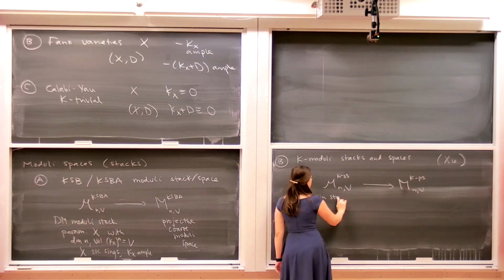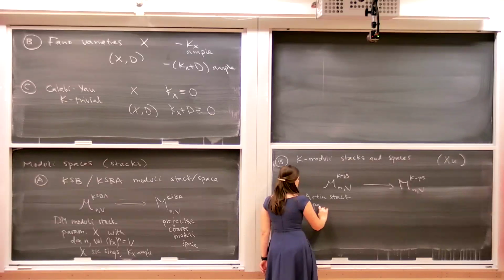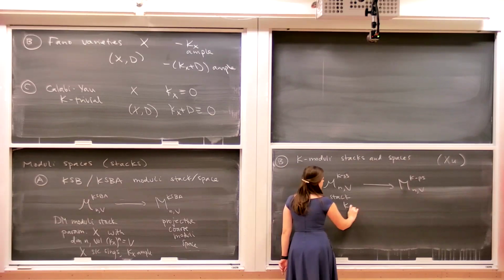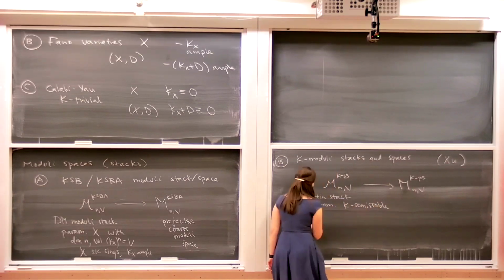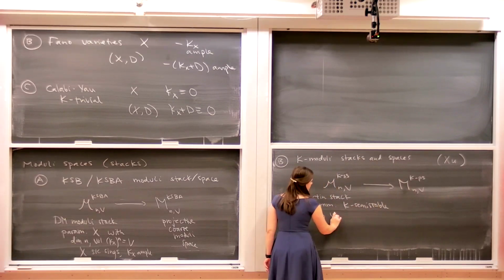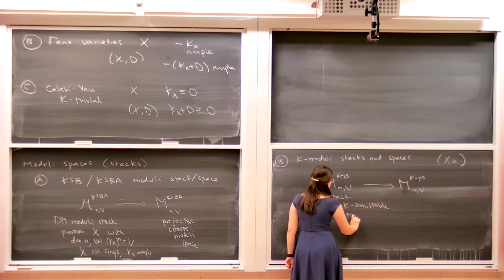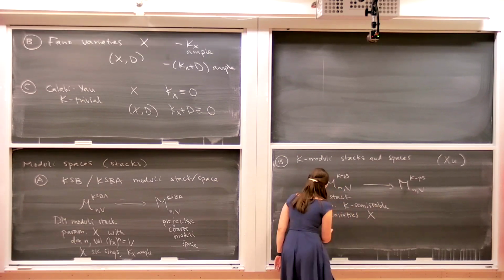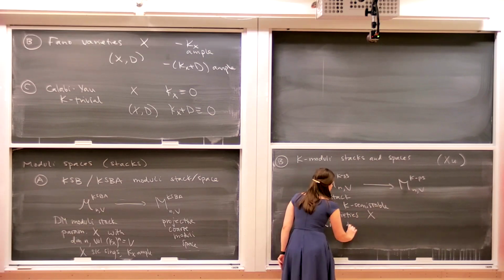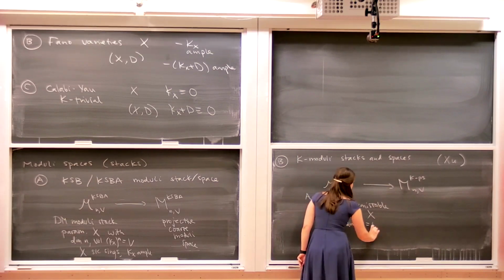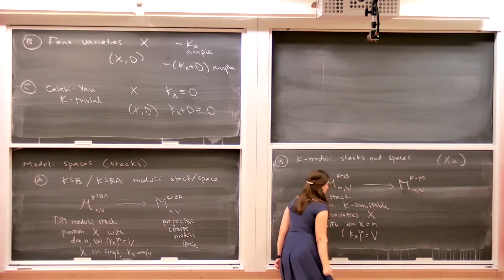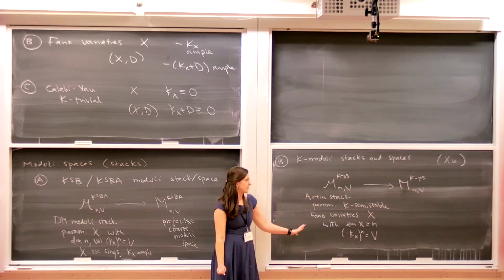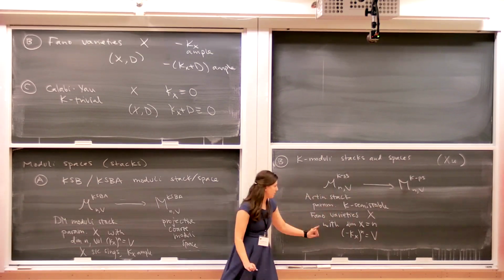It's no longer Deligne-Mumford, parameterizing K-semistable Fano varieties X with dimension n and anti-canonical volume V. I'll say something about K-semistability in one second, so hold on to that.